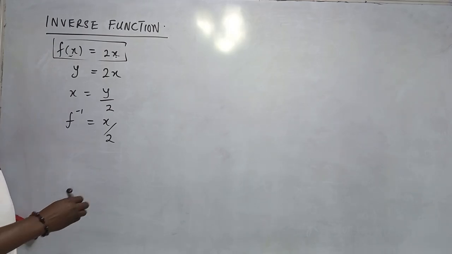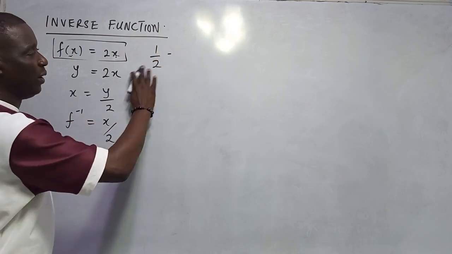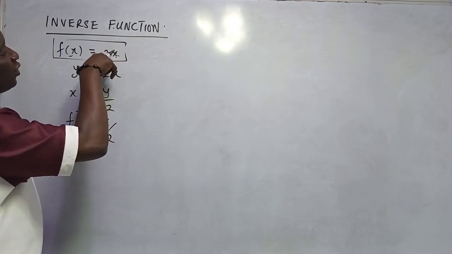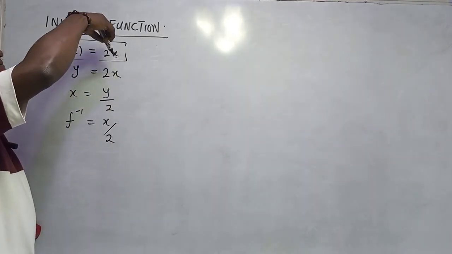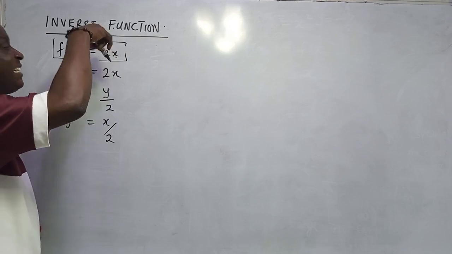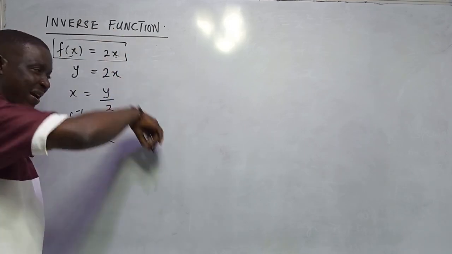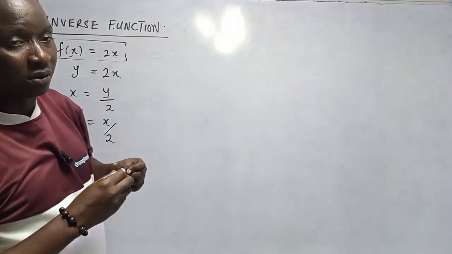Now, inverse does not really mean that when you have 1 over 2, you now turn it to 2 over 1. No. Probably you now turn it to 1 over 2x. No. It means that making x, which is the independent variable, become a dependent variable. So you have actually inverted the function.